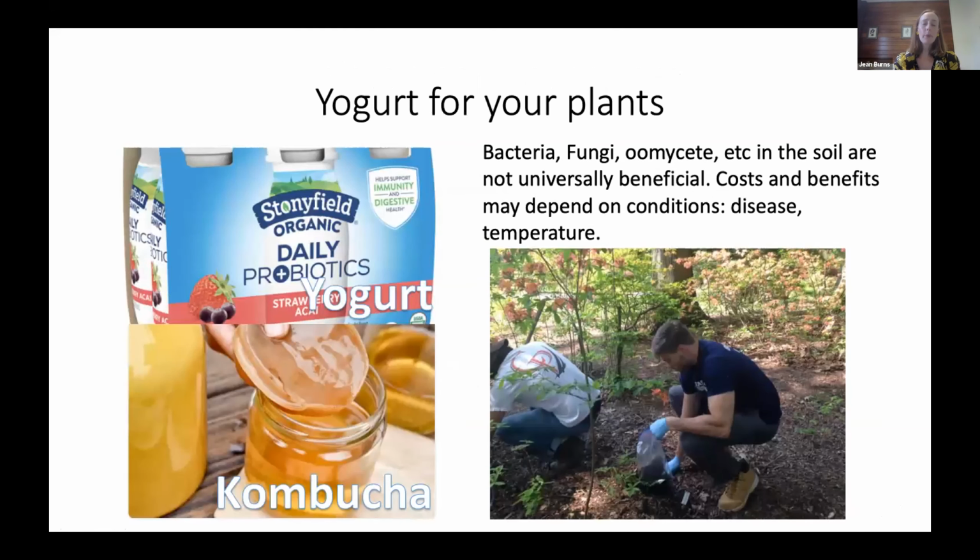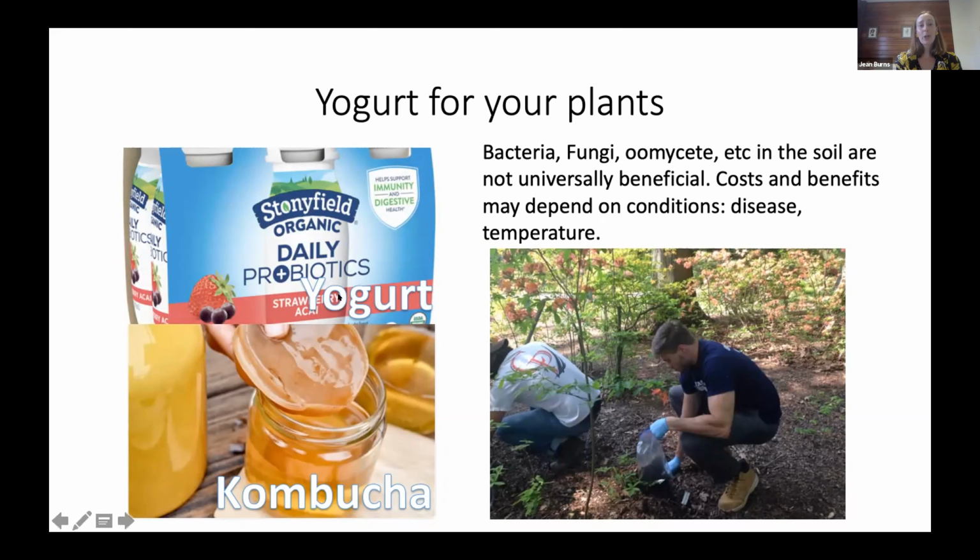And as kind of a memory device, I like to refer to this as yogurt for your plants. Now, this is a limited analogy, and I want to acknowledge that right up front. You could think to some degree of the plant soil zone as being a little bit like the gut of an animal. It is very important for health. And there's really solid evidence in animal models that the gut microbiome is hugely influential for animal health.